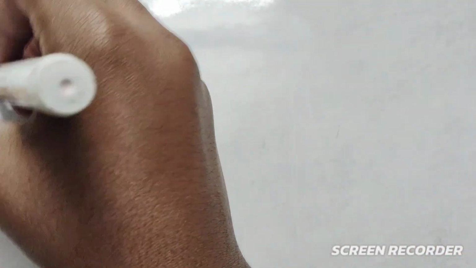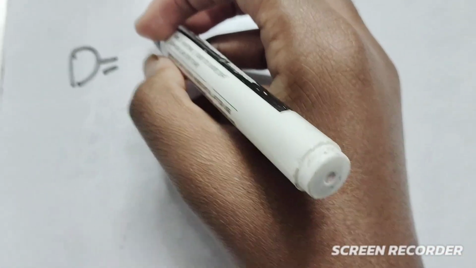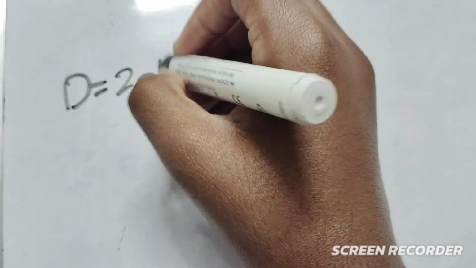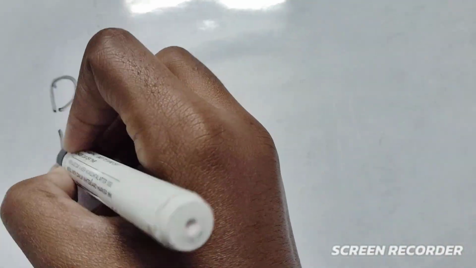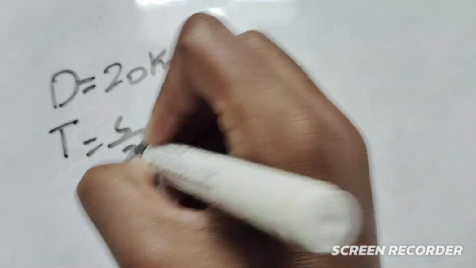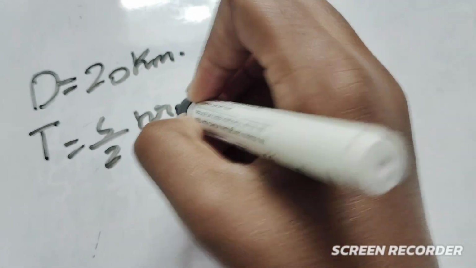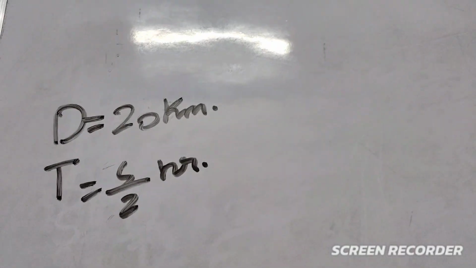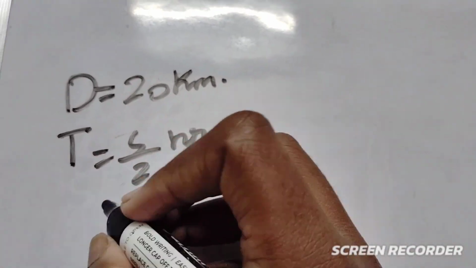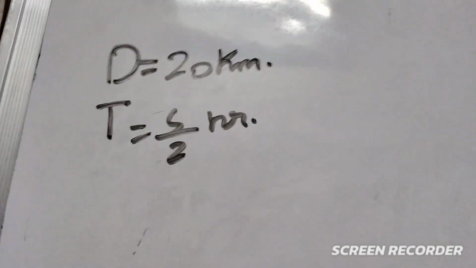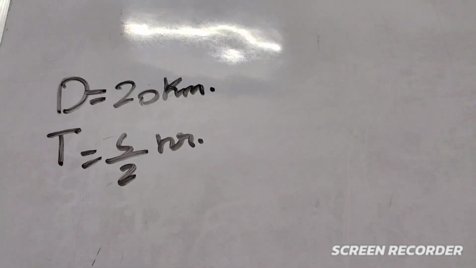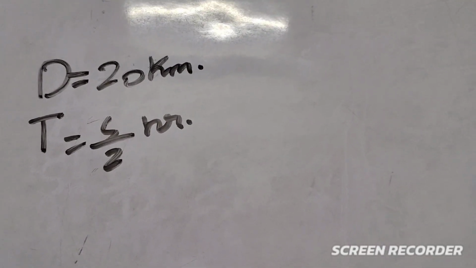So the distance is 20 kilometer, and the time is 5 by 2 hours. I've converted it here. Everything you have to know, I will write again at the last of this question.